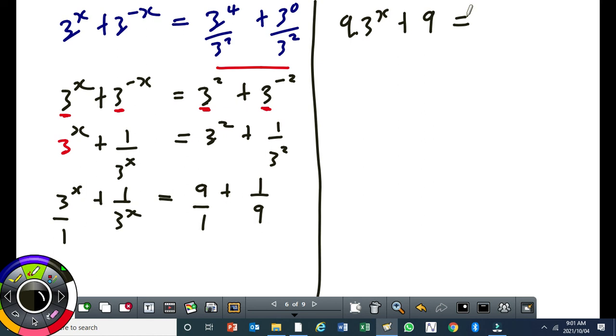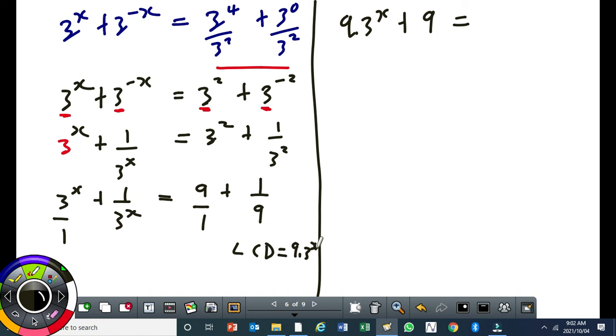I'm multiplying each term by the LCD. Then on the right hand side, I have to multiply this 1 by the LCD.